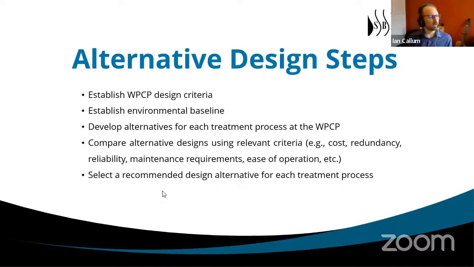We compared alternative designs using relevant criteria such as cost, redundancy, reliability, maintenance requirements, and ease of operation. And then from there, we selected a design alternative for each part of the treatment process that occurs within the water pollution control plant.